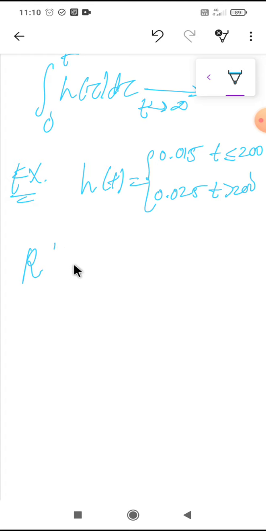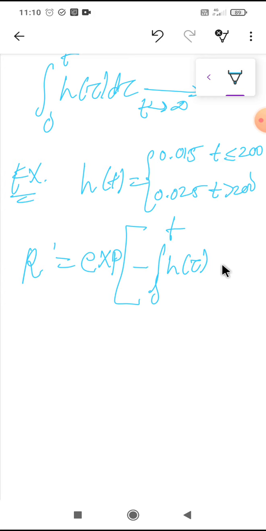So what do we know of r of t? We know that it is e raised to minus integration of 0 to t of h of tau d tau. As it is a piecewise function, we will also use a piecewise method.